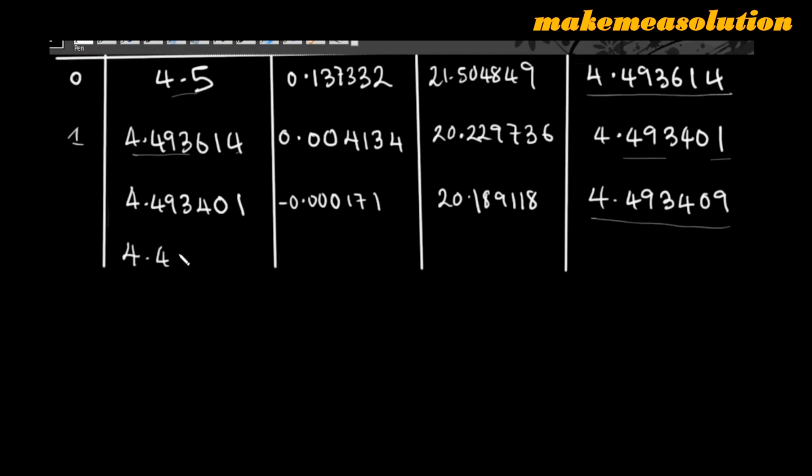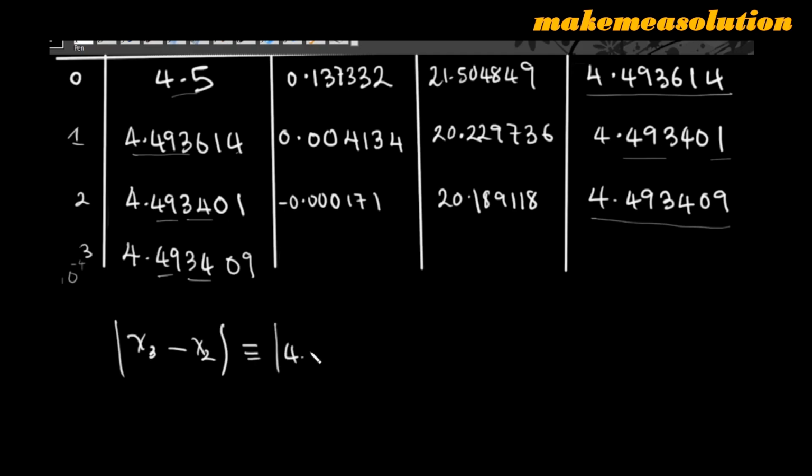So if you count the first 4 decimal values, which is 10 to the power of minus 4, and you see that they correspond to each other from the 2nd iteration to the 3rd iteration, that's the iteration on index 3, you can now stop, because if you evaluate your x3 minus x2, the absolute value, you discover that it is going to be equal to 4.493409 minus 4.493401.